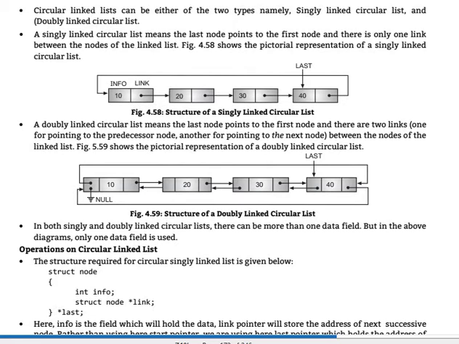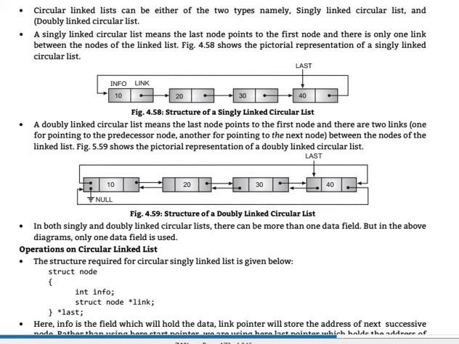In this singly linked circular list, 10, 20, 30, 40 are the elements, and the last element, 40, is connected with the first. There is only one link between the nodes, so it is said to be a singly linked circular list.